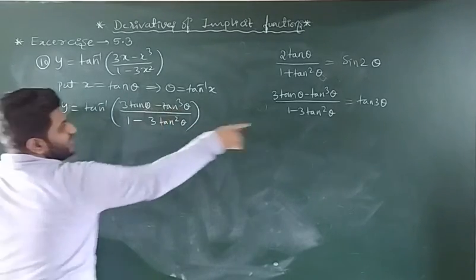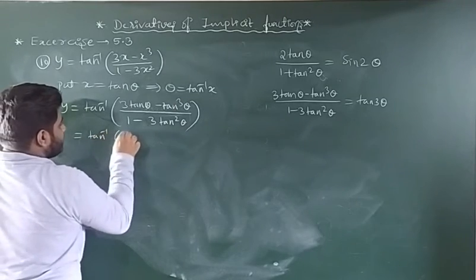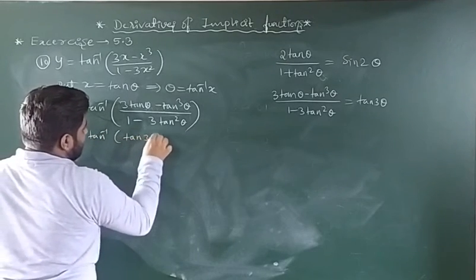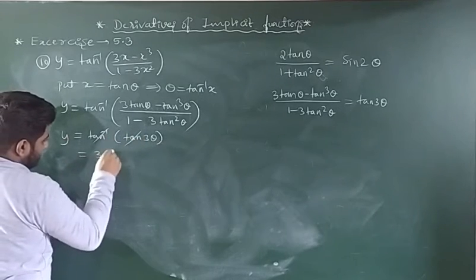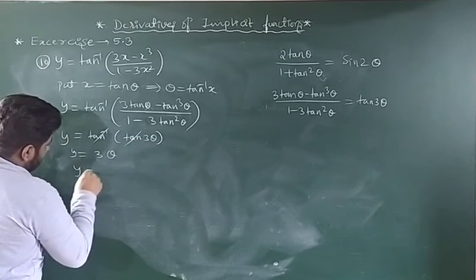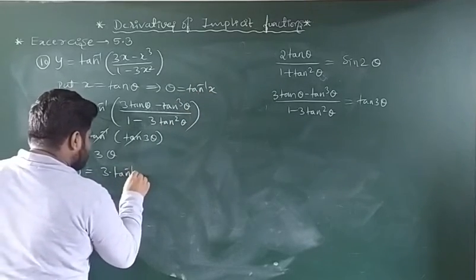Now this entire thing becomes tan 3 theta. So tan inverse of tan 3 theta, the tan inverse gets cancelled. We are left with 3 theta. So y equal to 3 into theta, and theta is again tan inverse x.